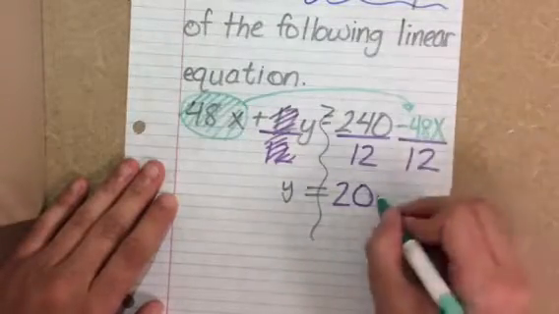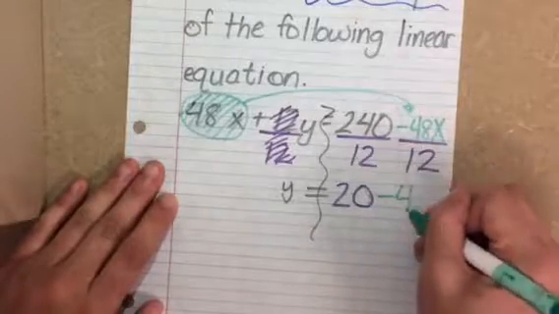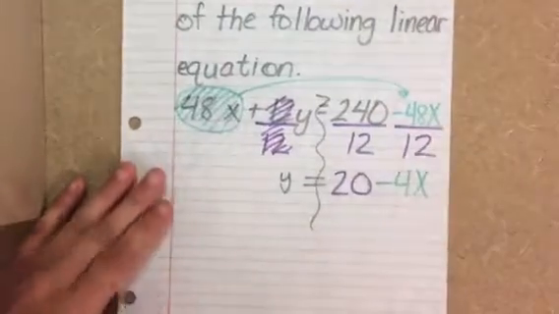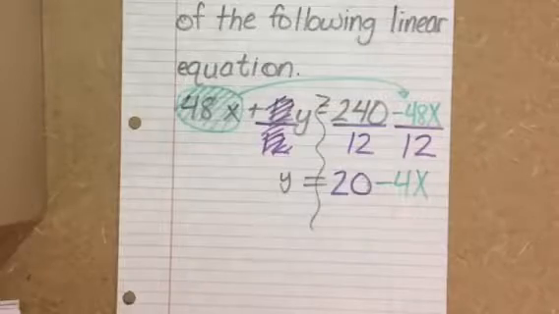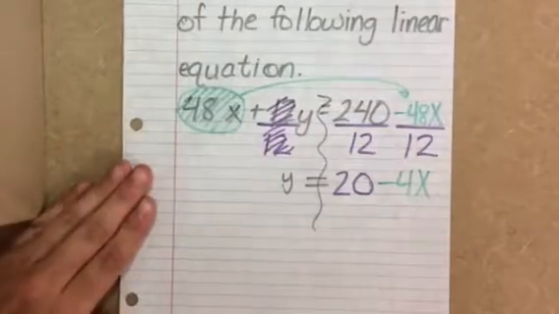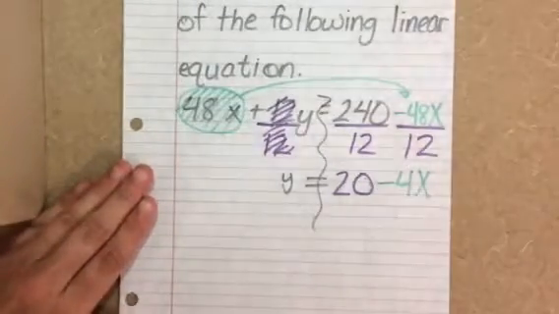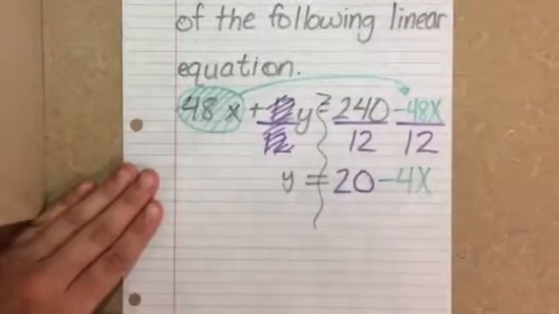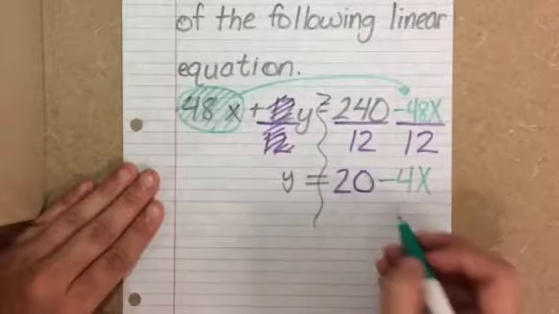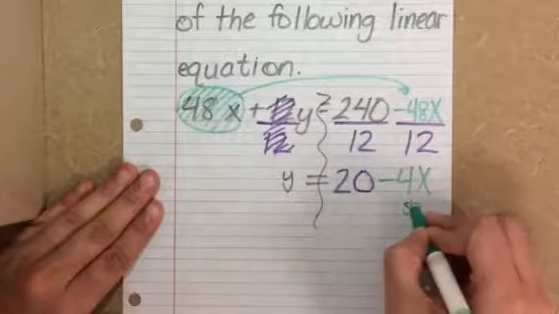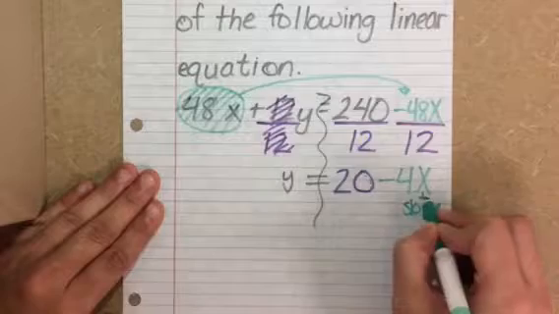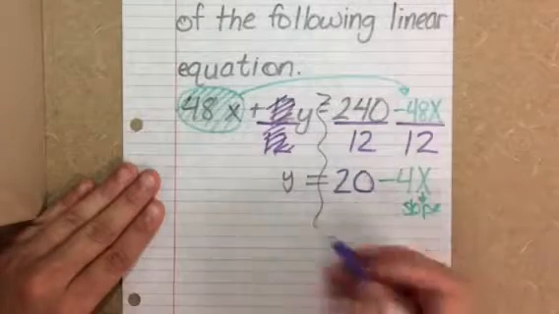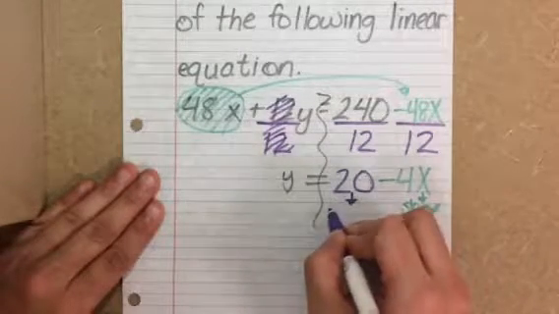Negative 48 divided by 12 is minus 4x. 20 minus 4x. And then after this, I can keep it like this. I can write it differently, but I don't need to, so I'm not. I know that the one with the x, that's my slope. The one without a variable, that is my y-intercept.